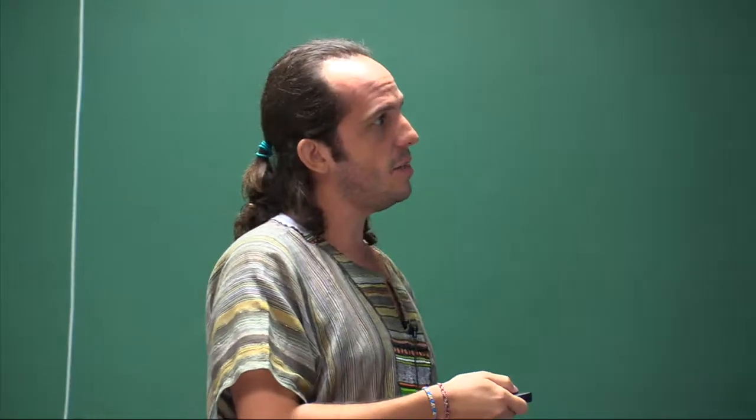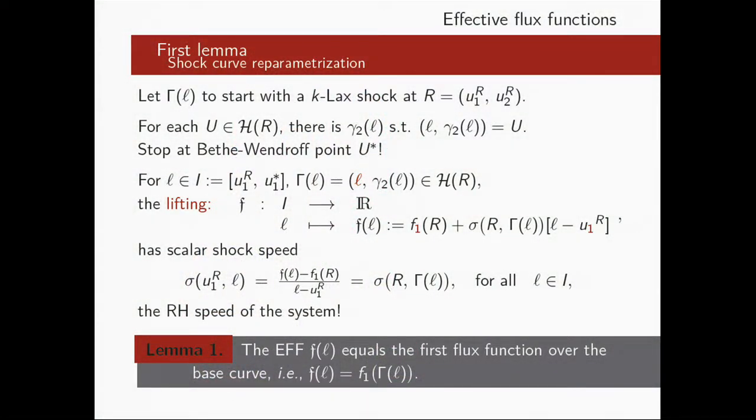Okay, now assume that I have a reference point R in phase space, and I can construct the Hugoniot locus. From the Hugoniot locus, I can reparameterize it, for example, in this way. Every U is going to be in the Hugoniot locus, and the first coordinate is going to be the coordinate that parameterizes that curve.